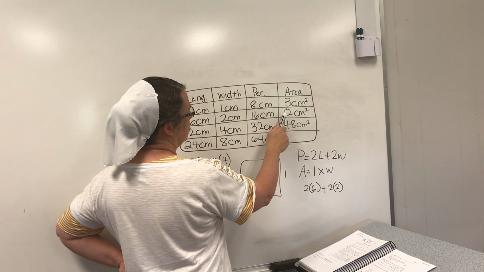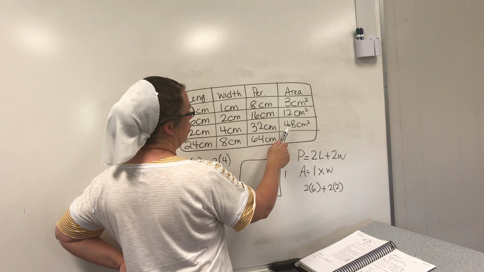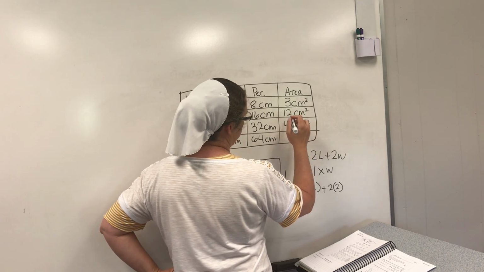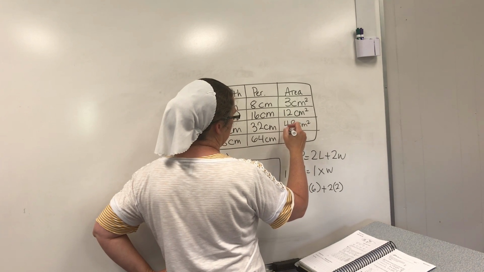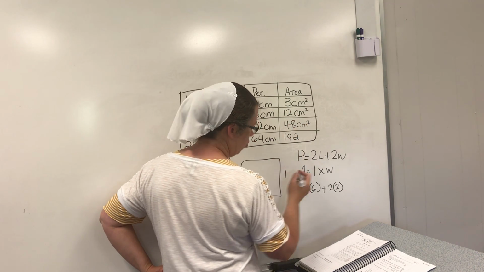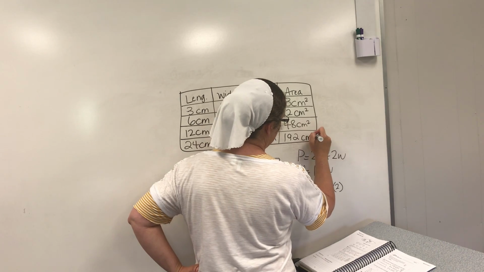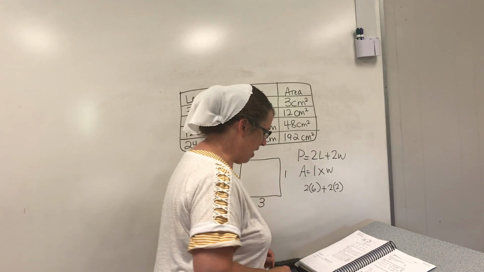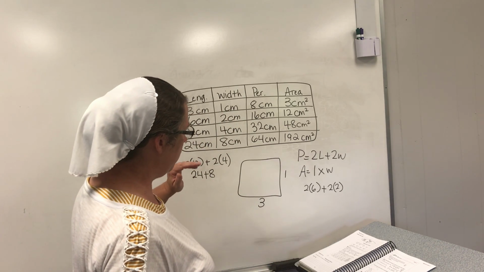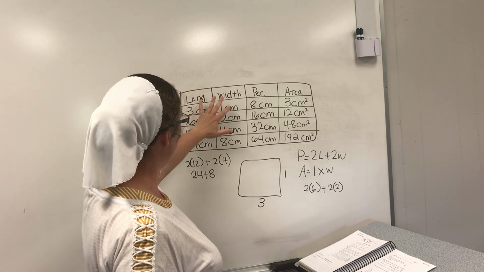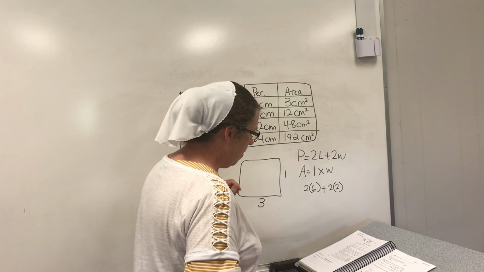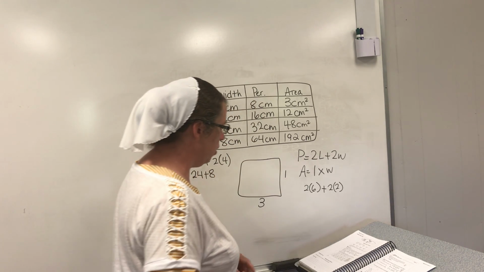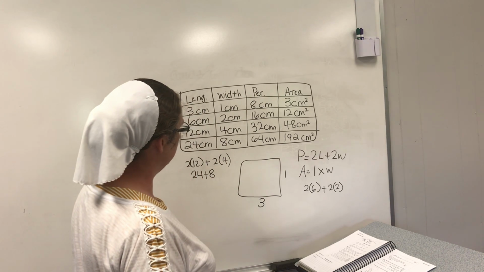Here we went 3 times 4 is 12, times 4 is 48, times 4 is 192 centimeters squared. It says when the length and width are doubled, that's what we did, the perimeter is doubled.